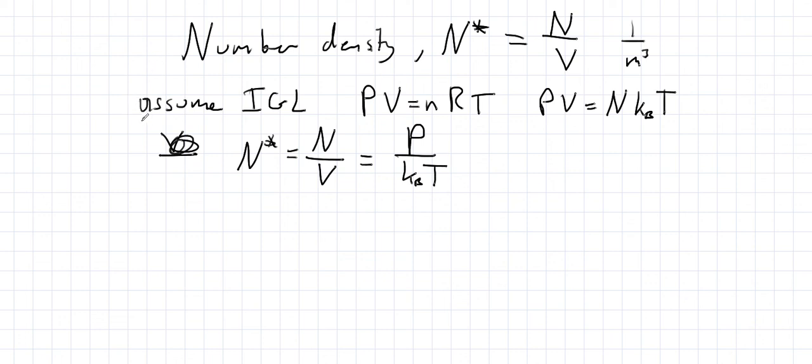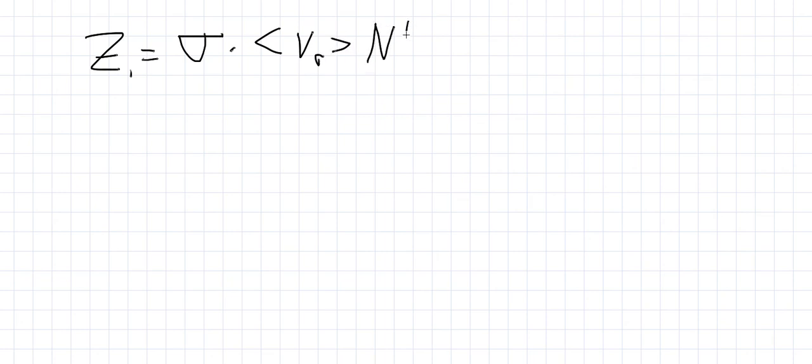So we said Z is equal to the collision cross-section times the reduced speed, or the relative speed, times the number density. So we have a collision cross-section. We know this is going to be the square root of 8kT over pi times the reduced mass. And we're going to multiply that by the number density, and we said that's proportional to the pressure.